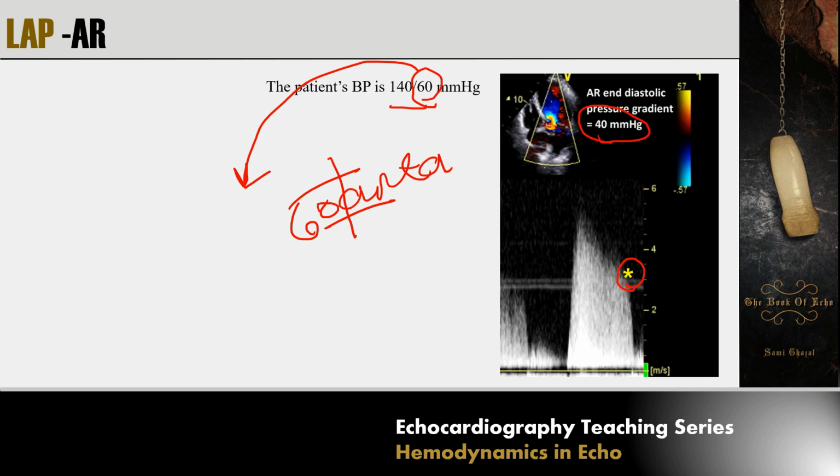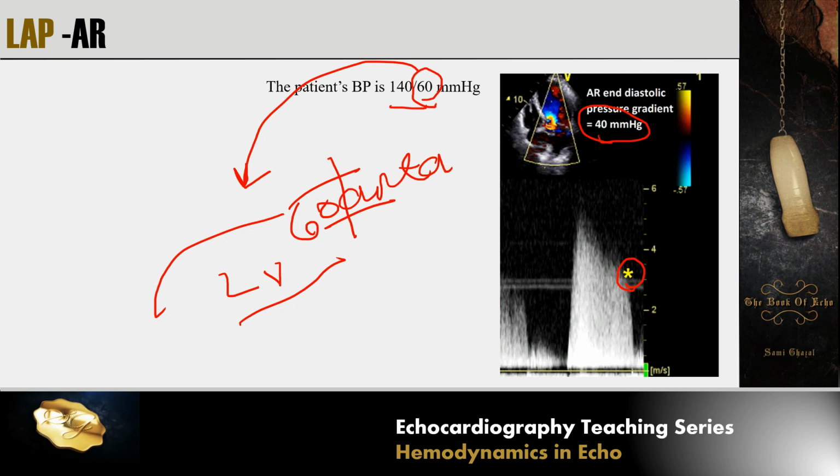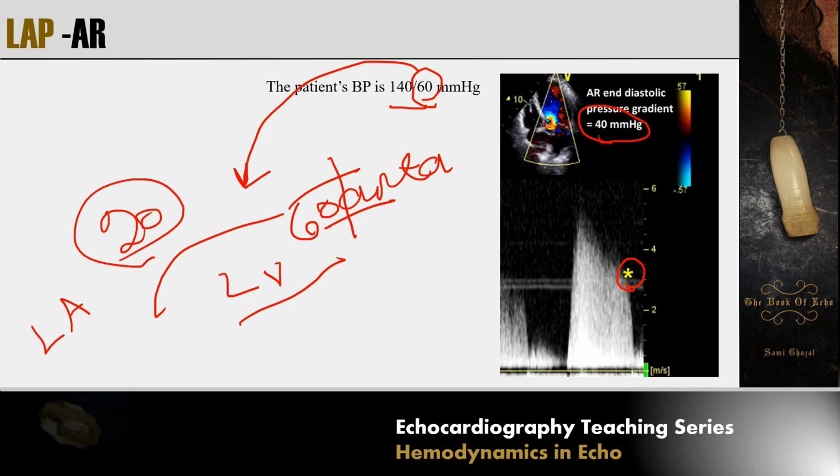So now we know that the difference between the aorta and the LV, this is the LV, is 40. The aorta is 60, the difference is 40, so it means that the LV end diastolic pressure is 20. It means the LA diastolic pressure is also 20 in the absence of mitral stenosis.